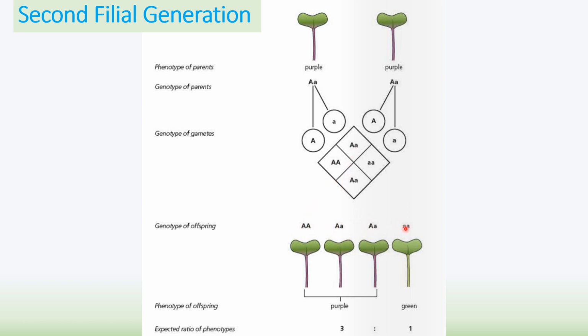So we can see that 3 of them would have the dominant purple allele here, dominant purple phenotype because they've got a capital A, and only one of them would have 2 recessives, giving the recessive phenotype. So there is a 3-to-1 ratio of dominant to recessive, as is normally the case for monohybrid crosses.